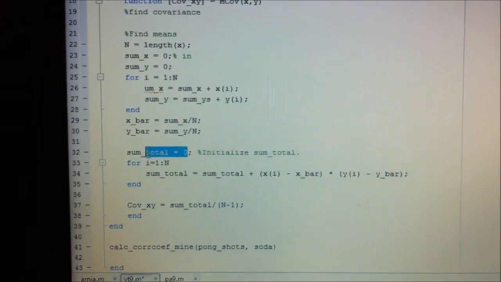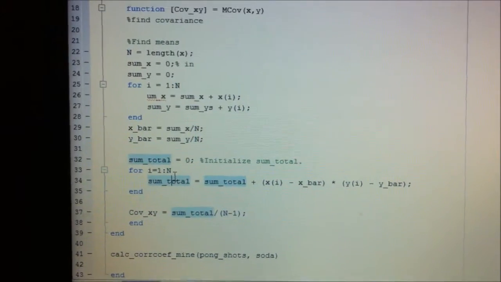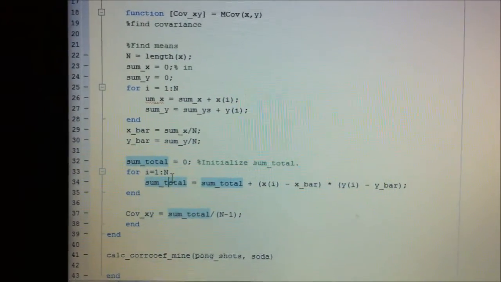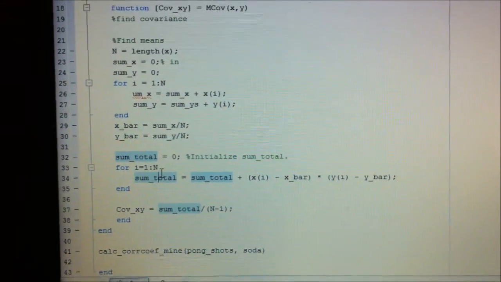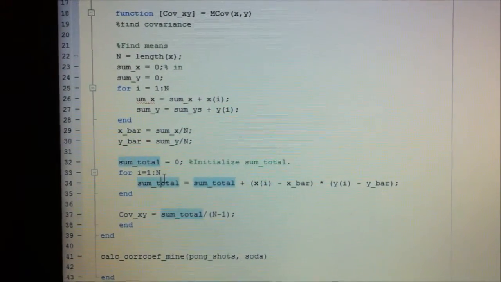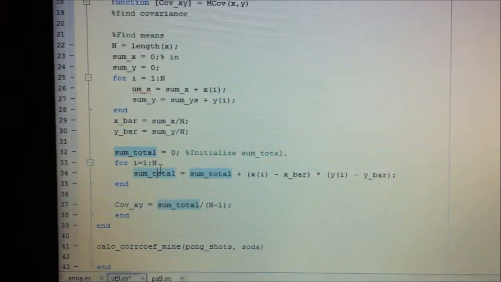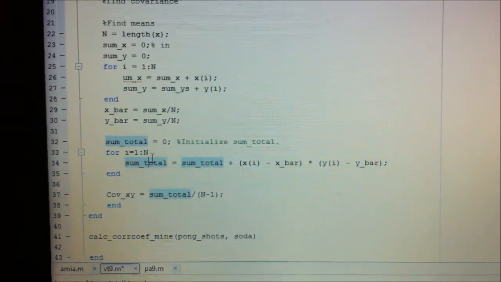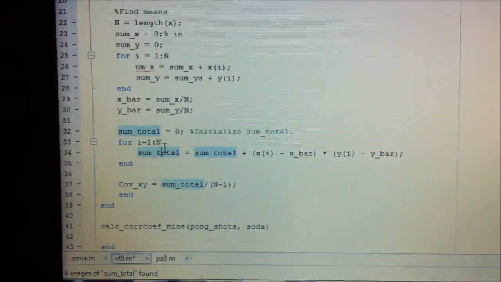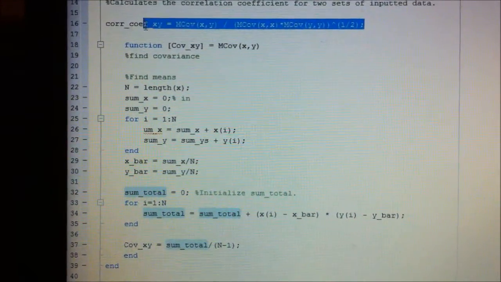The following for loop is used to find the sum of the products of each element of each array minus the mean of each array. Finally, the correlation coefficient can be calculated as the covariance of xy divided by the square root of the variance of x times the variance of y, where the equation is shown right up here in MATLAB syntax.